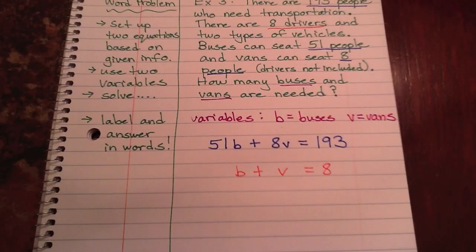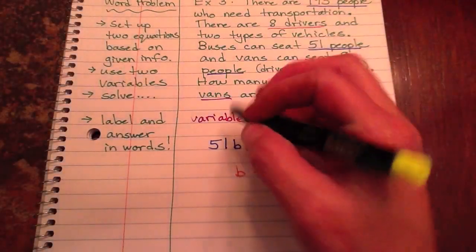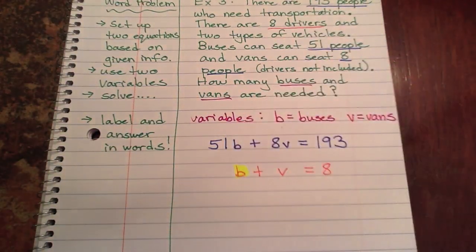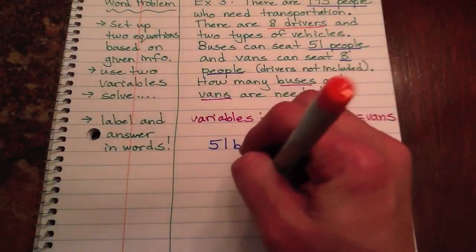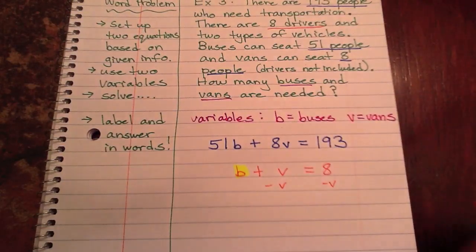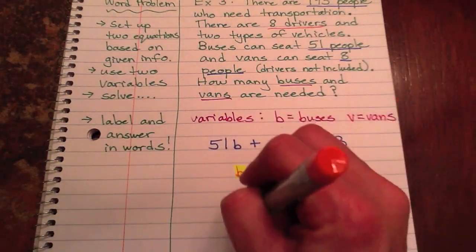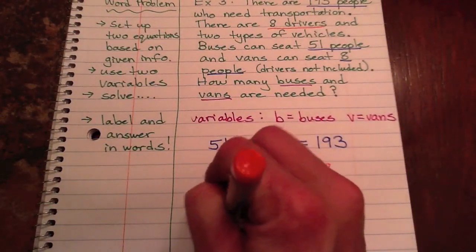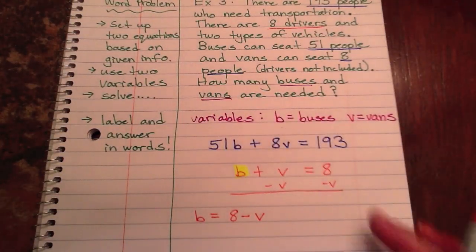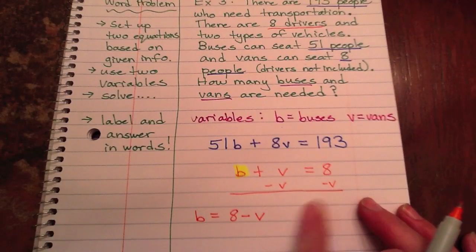Does not matter. You choose. I'm going to go ahead and isolate B just because it's the first one. And the way that I isolate B is I subtract V from both sides. Once I do that, I have B equals 8 subtracting V. Make sure that you keep that negative with the V there.